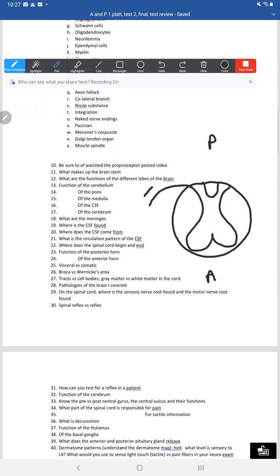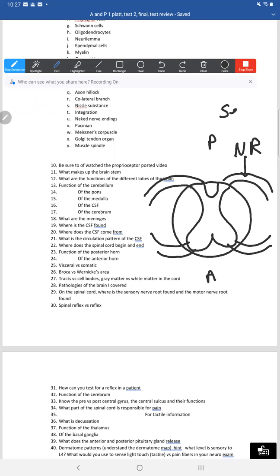The nerve root, the nerve root on the posterior aspect is responsible for sensory. Okay, so that would be sensory in. And then the anterior is motor out or efferent.